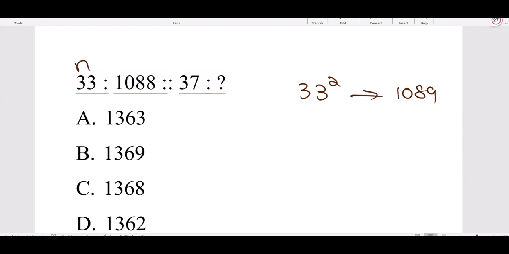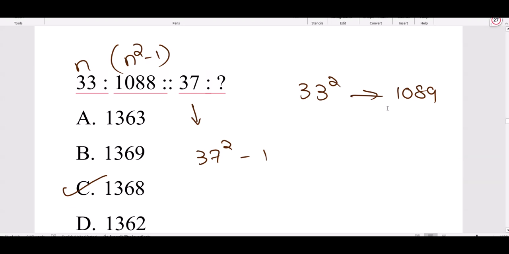This is n square minus 1. Now your answer should be 37 square minus 1. 36 square is 1296. Sir, I don't know 37 square, no problem. 7 square is what? Ending with 9, minus 1 is ending with 8. Option C is there. 37 square, 7 square, ending with 9, minus 1, ending with 8. Answer should end with 8, option C. 36 square is 1296, 37 square is 1369, minus 1. So that's it.